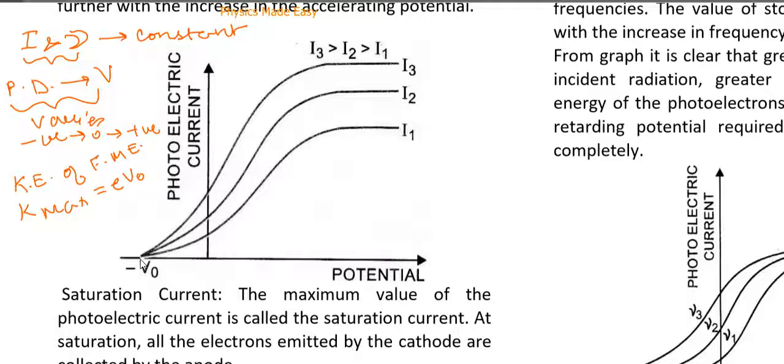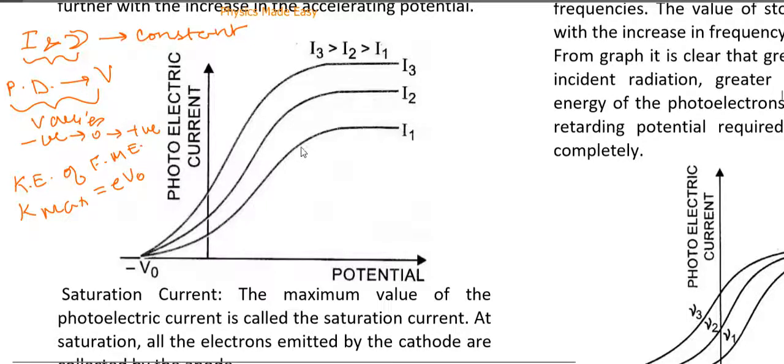Now let us move further. From here, I kept on making the value lesser negative and towards zero. Photocurrent increases slowly. When the anode is made positive, now anode attracts the electrons, so more and more electrons will be able to reach.